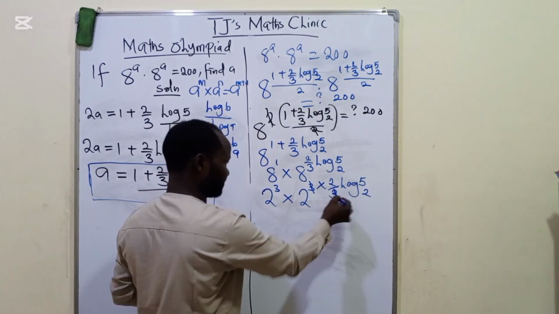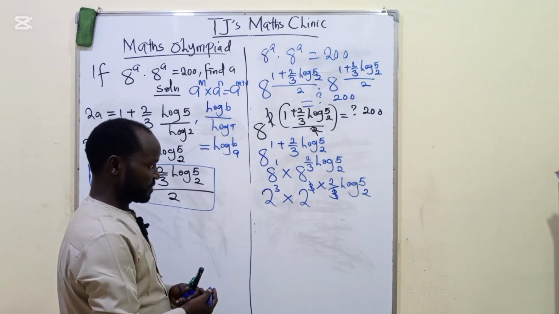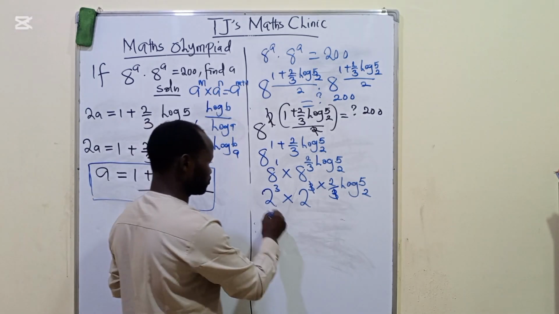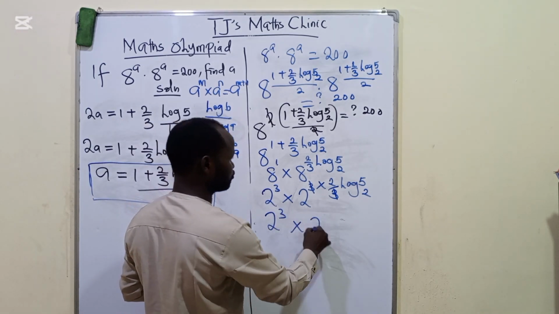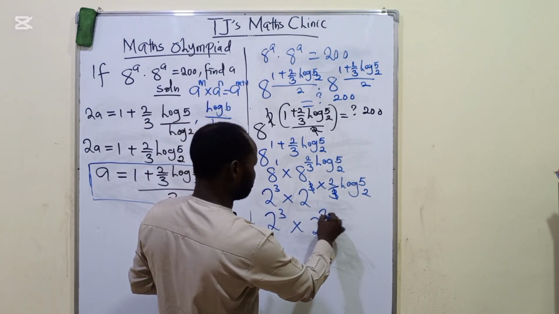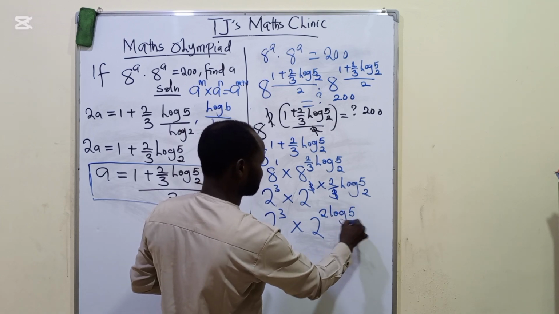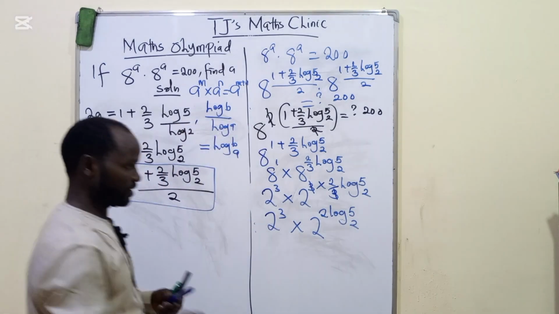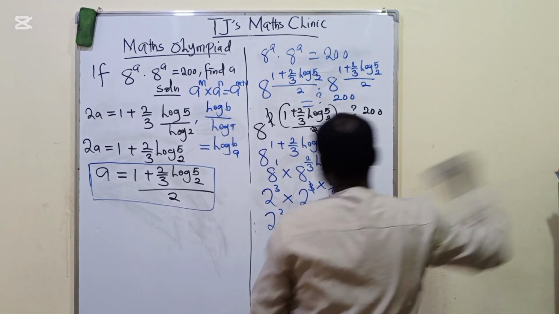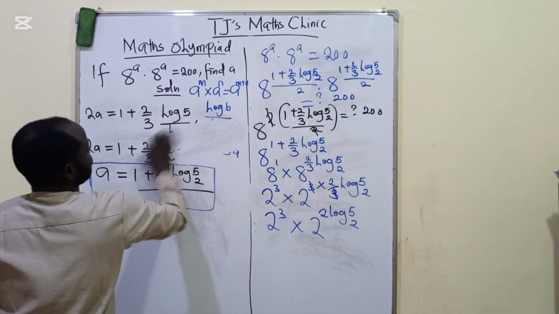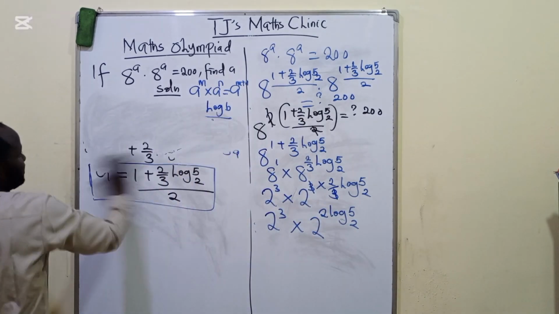These 3 will divide this. Very important. Okay? I will have 2 now, power 3 times 2 power 2 log 5 to base 2. Very important. Okay? Let's move up here to check. Okay, let's clean here.